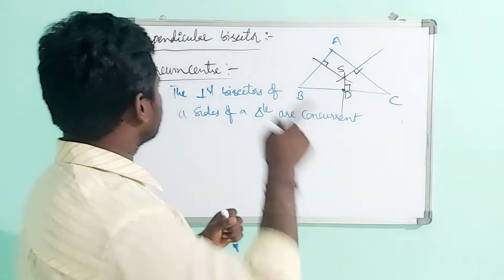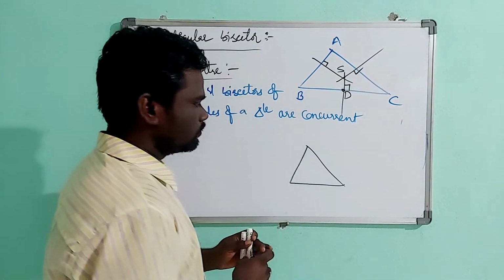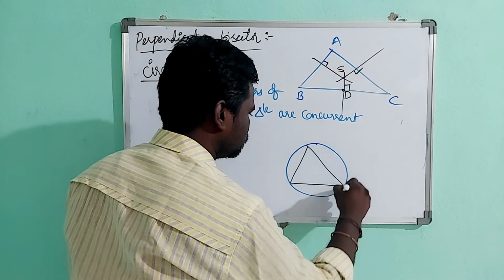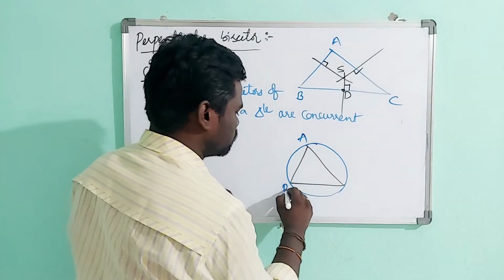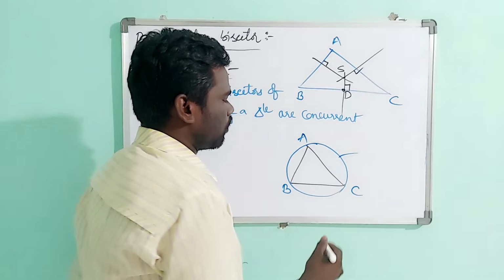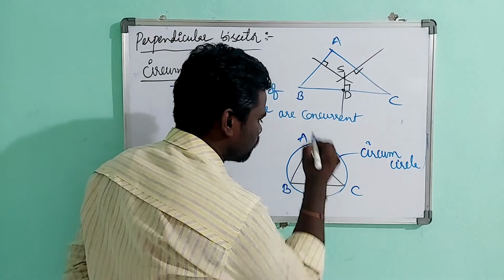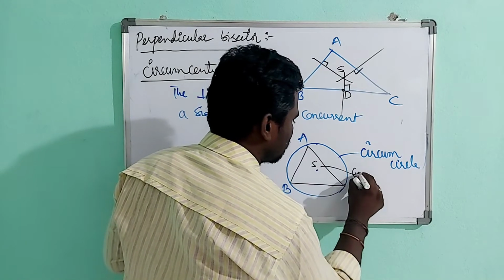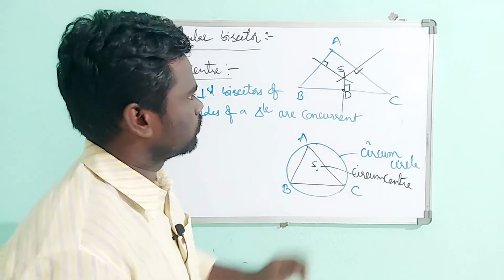And the second definition of circumcenter: in any triangle, a circle passing through all three vertices of the triangle. Suppose the three vertices are named A, B, C, then this circle is called the circumcircle, and the center of the circle is called the circumcenter.